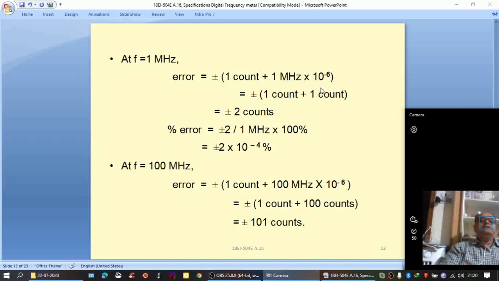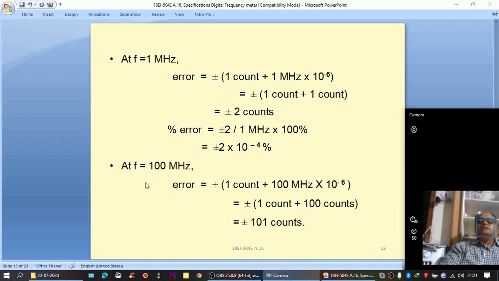What is 1 megahertz? 10 power 6. 1 into 10 power 6 into 10 power minus 6. It comes out to be 1. So the error is now plus or minus 1 count plus 1 count, that is 2 counts. Percentage error would be 2 by 1 megahertz into 100. That is plus or minus 2 into 10 power minus 4%. Percentage error is this much.